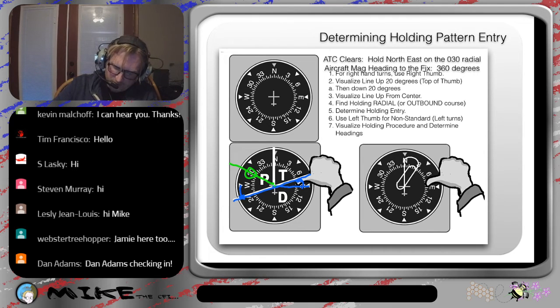Once I cross the holding fix, I'm going to be making a left-hand turn to 300, fly outbound, then another left-hand turn to come back in and get into the holding pattern. The other thing that this does is it helps you visualize where this holding pattern is going to be relative to you and your arrival at the holding fix.